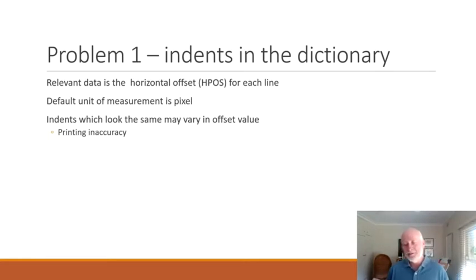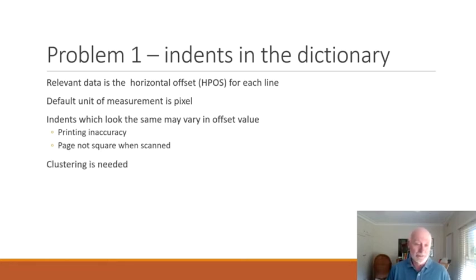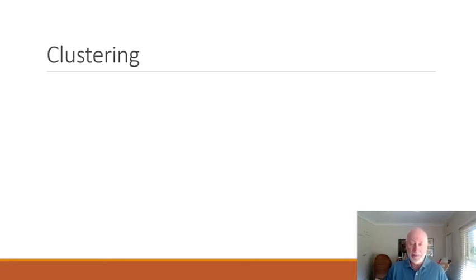This is to do with things like minor printing inaccuracies, or that the page wasn't put square on the scanner, these kinds of problems. So to get this to work, we used a clustering algorithm which grouped things together. Clustering algorithms are very powerful. This is really a sledgehammer on a walnut, but it did the job.